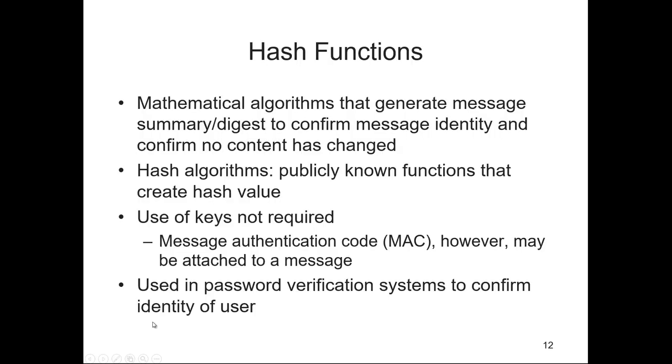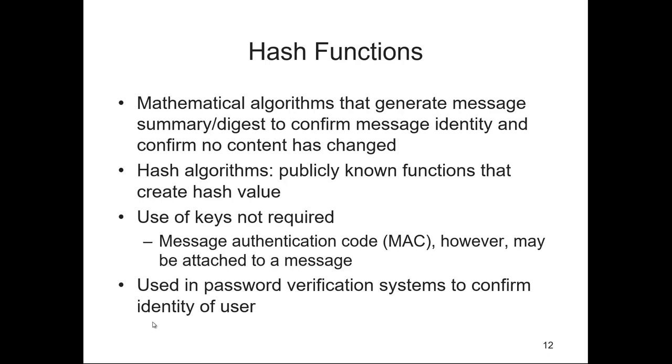Hash algorithms are publicly known functions that create a hash value, also known as the message digest, by converting variable length messages into a single fixed length value. The message digest is a fingerprint of the author's message that is to be compared with the receiver's locally calculated hash of the same message.